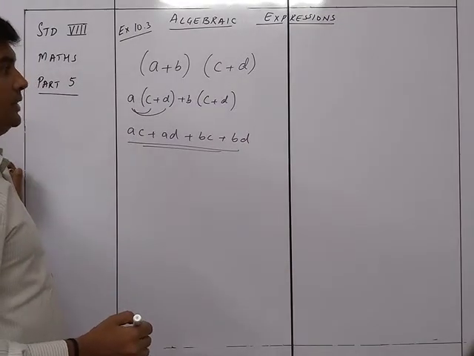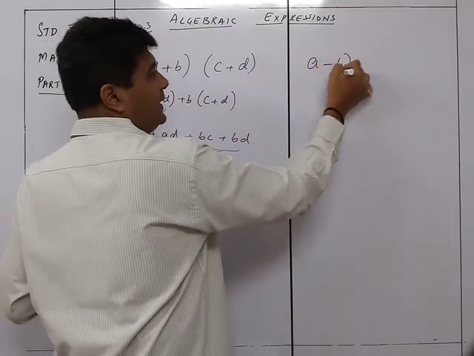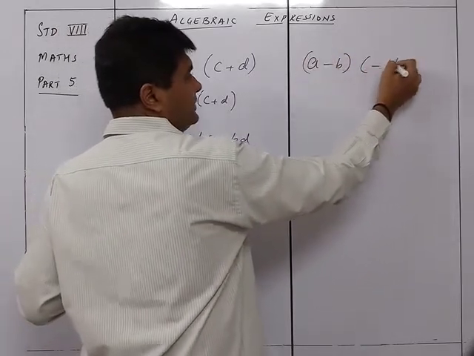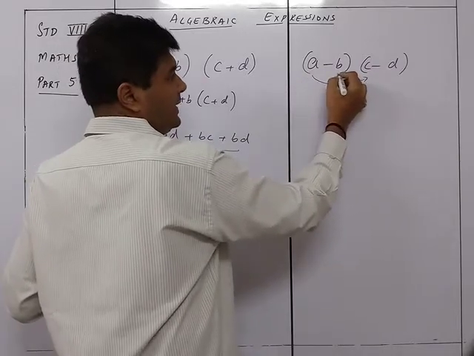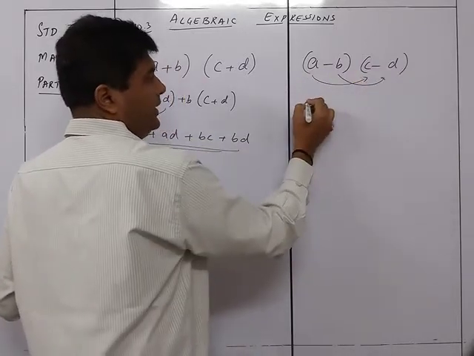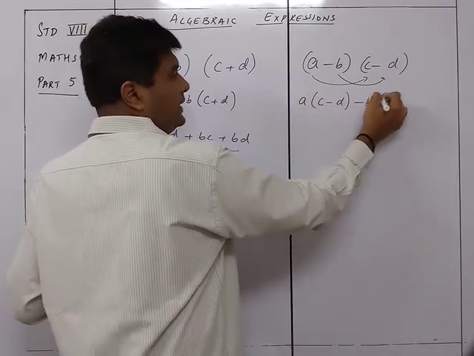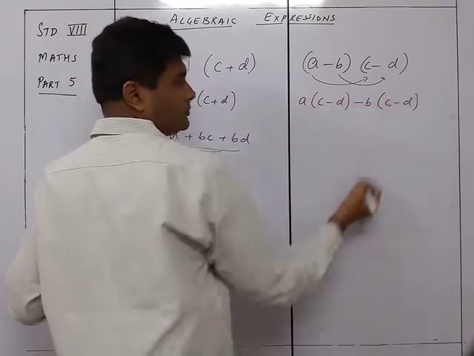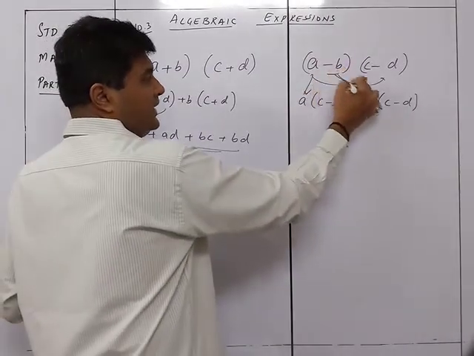Got it? I'll show you once again. It is A minus B into C minus D. So this into one bracket and this into the whole bracket. So it will be A into C minus D minus B into C minus D. The bracket got split into two parts, A over here and minus B over here.